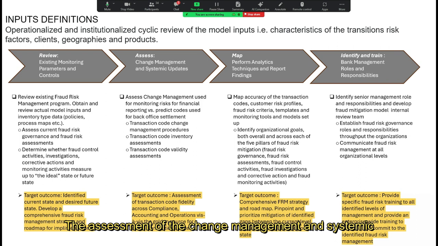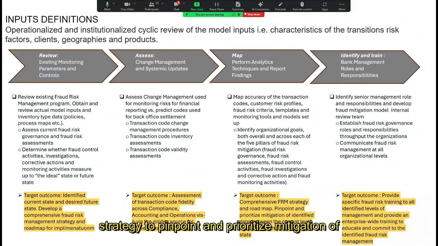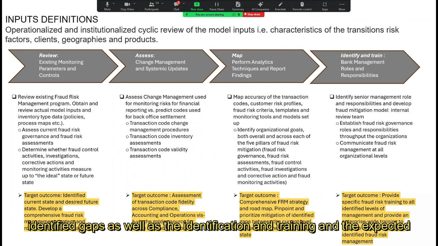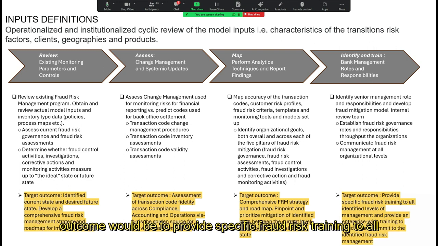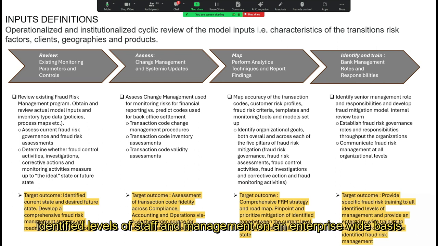The assessment of the change management and systemic updates, and the target outcome would be to identify transactional code fidelity across various verticals vis-a-vis the golden source of the active transactional data, map out, perform analytic techniques, and identify reports, and the target outcome would be a comprehensive strategy to pinpoint and prioritize mitigation of identified gaps, as well as the identification and training, and the target outcome would be to provide specific fraud risk training to all identified levels of staff and management on an enterprise-wide basis.